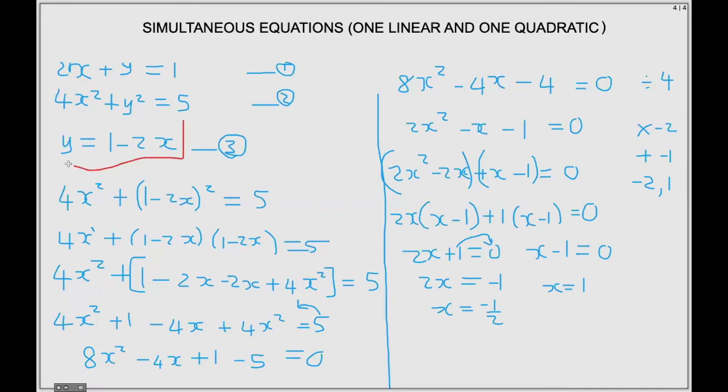Now please note that we could use any equation. So we're going to substitute x in equation 3. So let me just divide this page. So replacing x to be negative a half first, what we're going to have is y is equal to 1 minus 2 times negative 1 over 2.